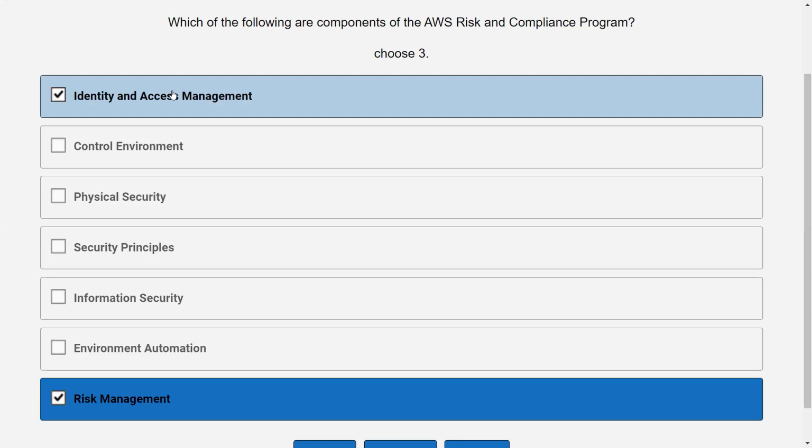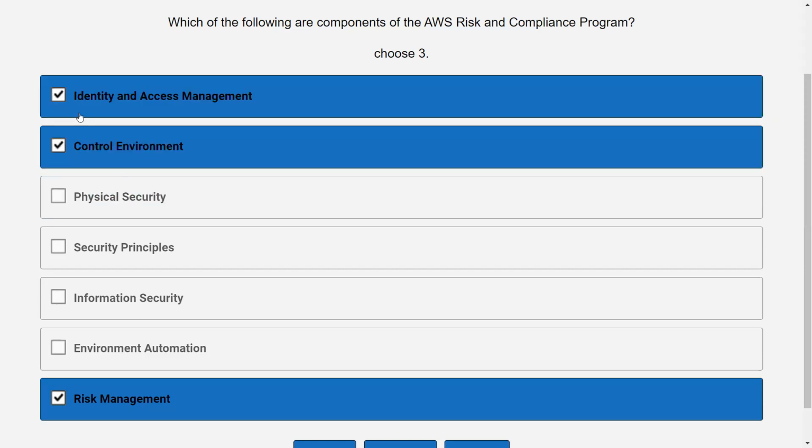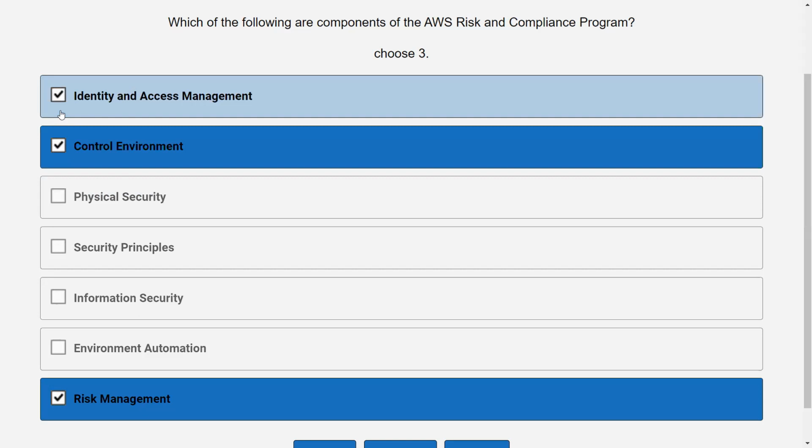I choose the control environment. Question 18. I will choose security principles. I will choose D. So control environment is part of it anyway.